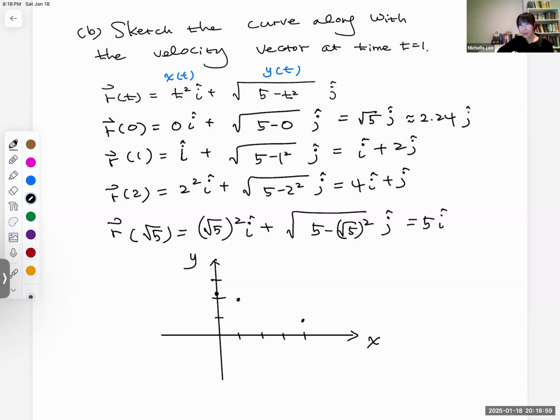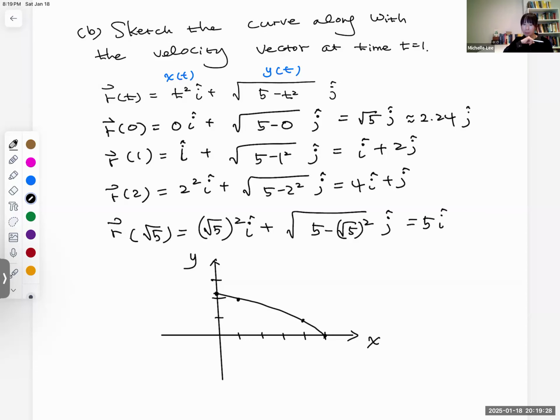Square root of 5 is about 2.24 approximately, right? And then we have 5i, so there will be 1, 2, 3, 4, 5i, right? So it's like that. So I'm going to connect all the dots.